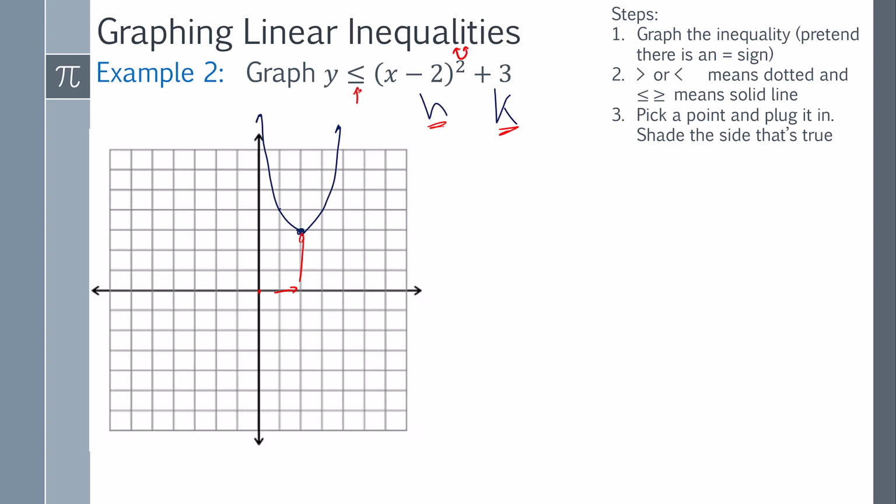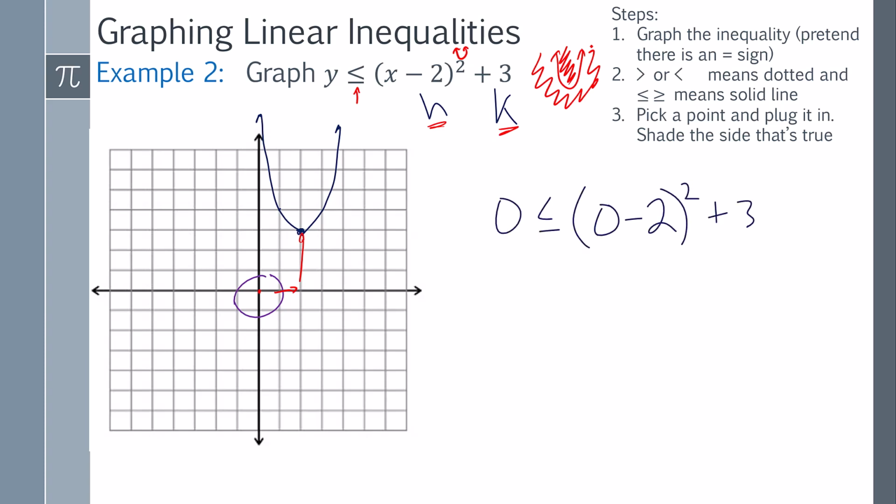Again, I have to pick a point to see where I need to shade. The question is, do I shade inside the parabola or on the outside of the parabola? To figure that out, again, you pick a point and you test if it's true or false. If I picked 0, 0 again, which is the easiest one to pick if you're able to, you plug it in and see if it's true or false.